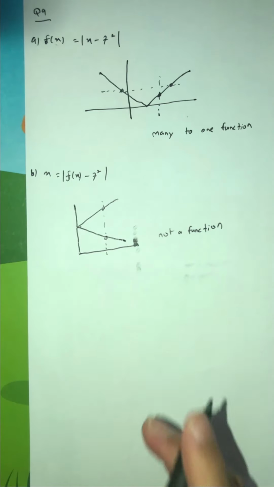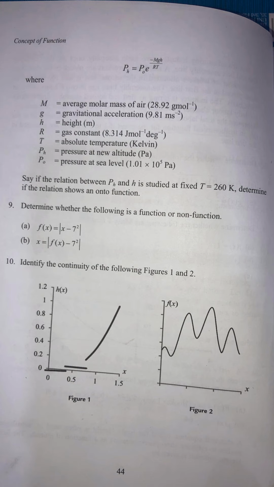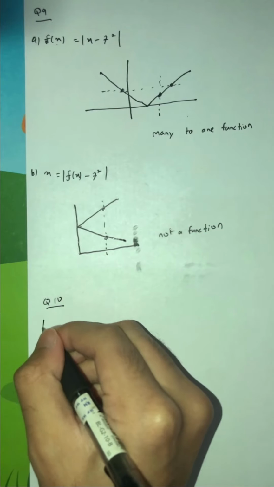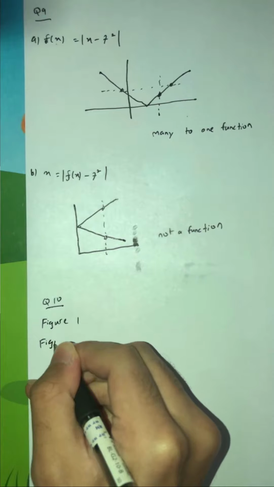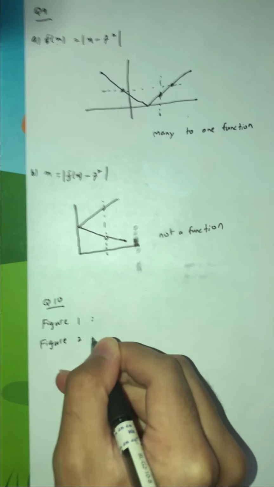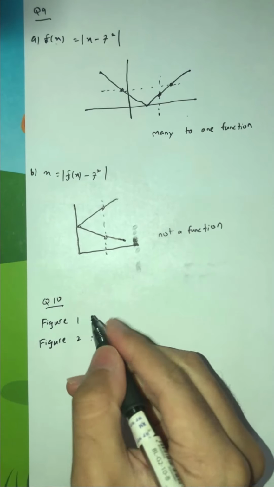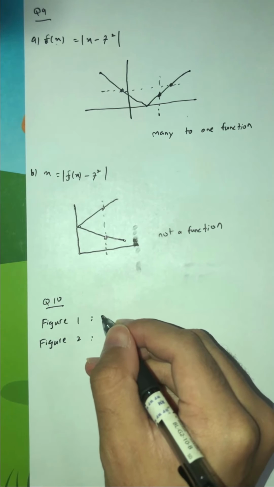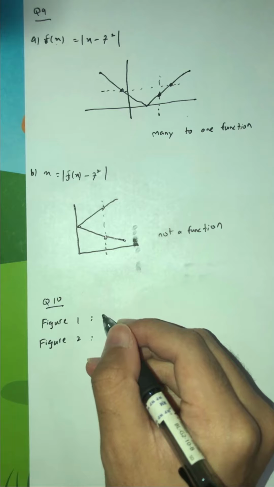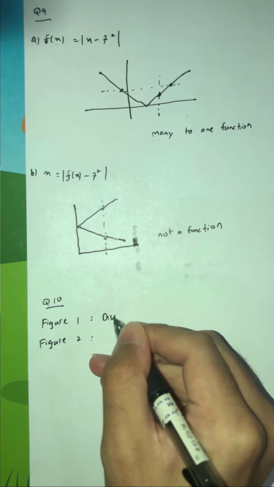Now question 10. Question 10 asks us to identify whether the given figures are continuous or not. So figure 1 and figure 2. Is figure 1 not continuous, right? Or discontinuous?